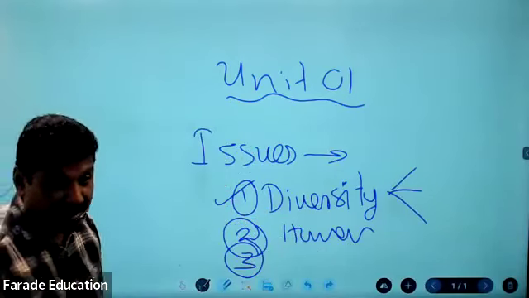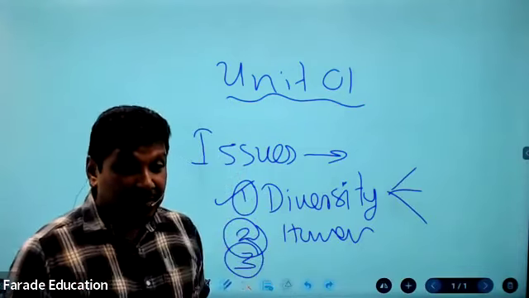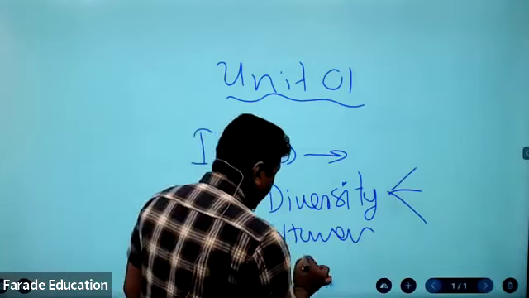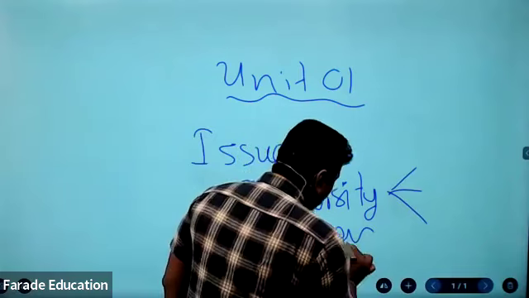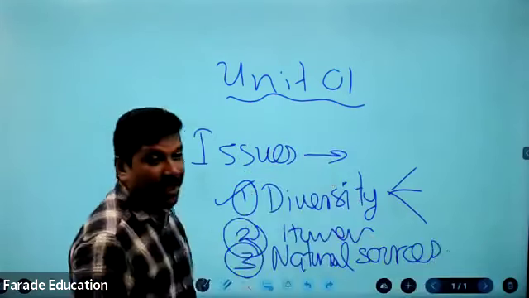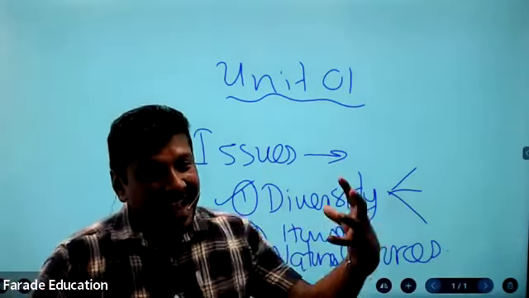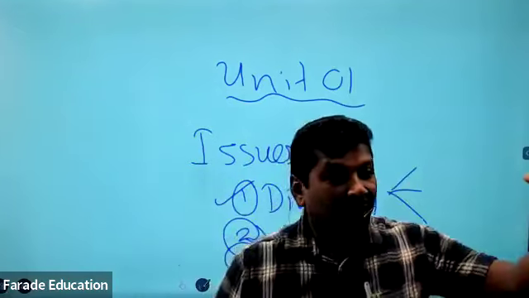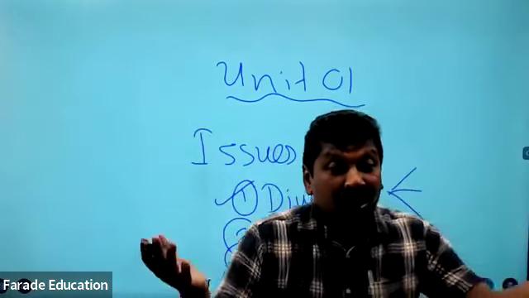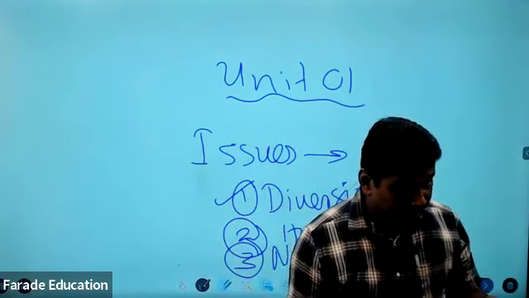Natural resources. Sustainable use and management of natural resources. So what are natural resources? What do you mean by natural resource? It's either a material or energy which is freely available in nature. Naturally available, that is point number one.